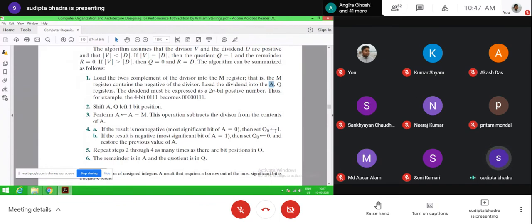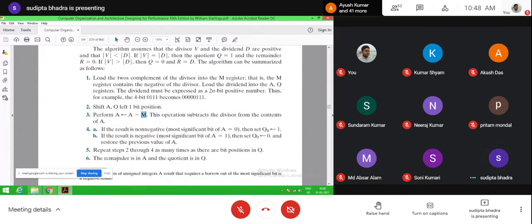If m is not able to divide the partial remainder, then a negative number is there, so the most significant bit of A equals 1, and we set q0 to 0. So q0 equal to 0 means that the partial remainder in A is not divisible by m, and we restore the previous value of A. Restoring the previous value of A means m is added back to the A value.